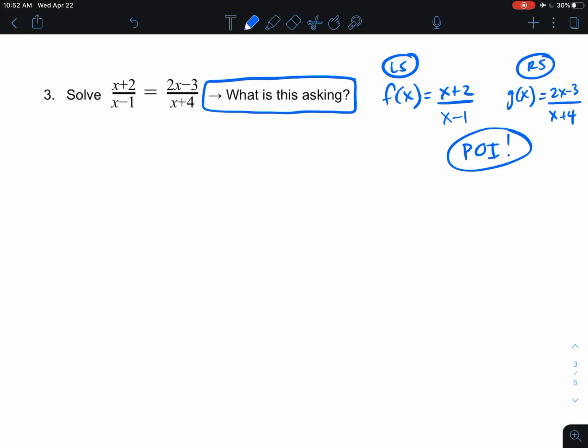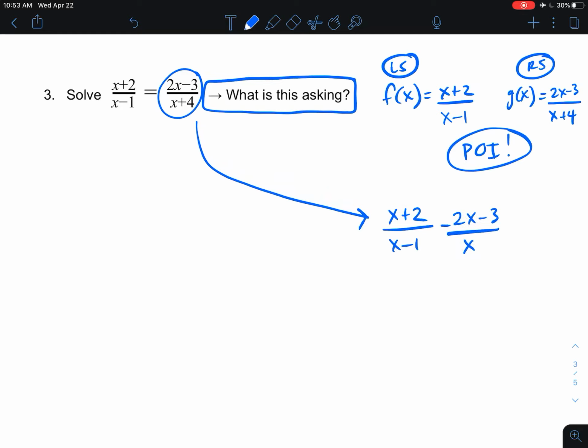Another way to frame this question is to rephrase it like this. If we had (x plus 2) over (x minus 1), and then we subtract (2x minus 3) over (x plus 4) from both sides, then it'll end up on this side, and we'll have 0 on that side.